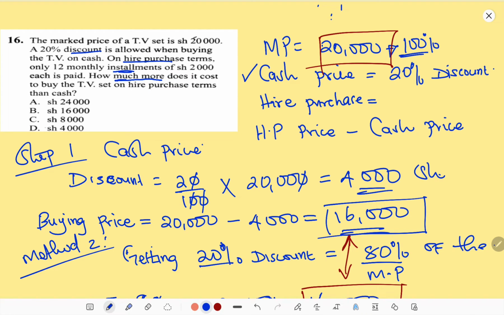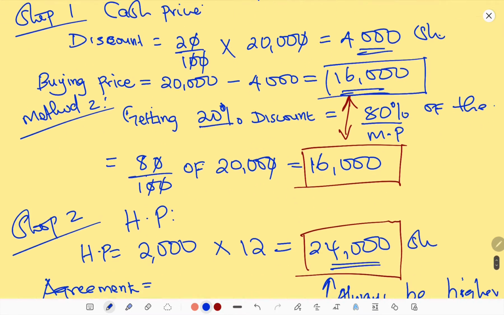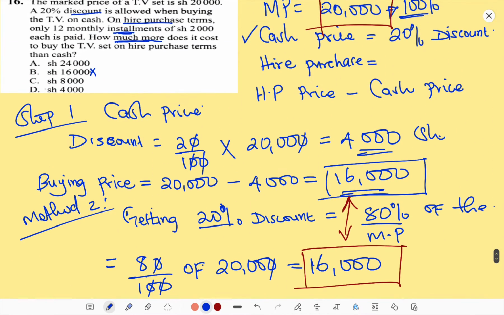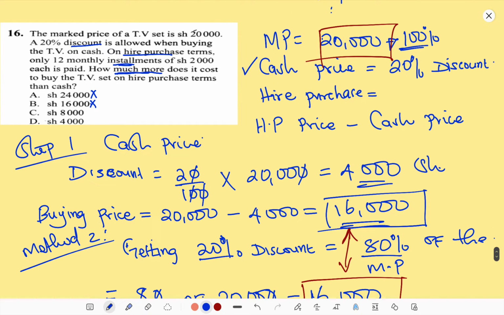As always, go back to the question and read again, because you can see that 16,000 is one of the answers, but it is not the correct answer. 24,000 is one of the answers, but it is not the correct answer. That is why, if you want to get 90% and above in mathematics, you need to go back to the question and read again.